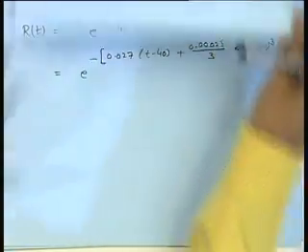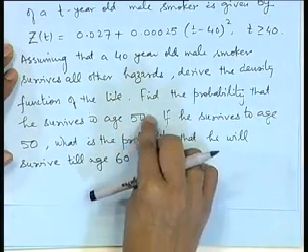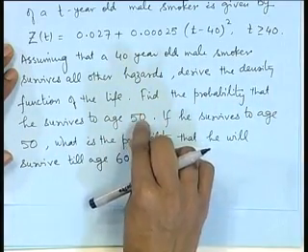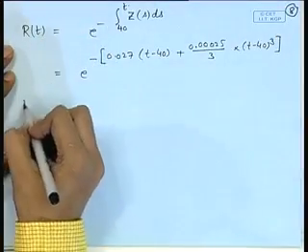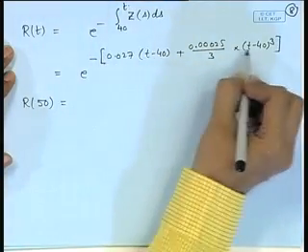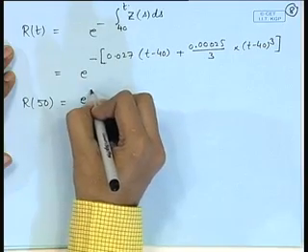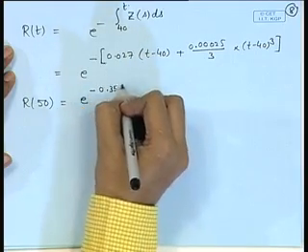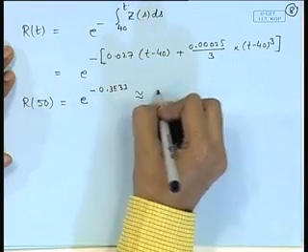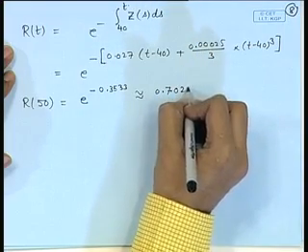So, one question was asked: find the probability that he survives to age 50. That means the reliability at t equal to 50. Once we have the reliability function, we can calculate R(50), which is obtained by substituting t equal to 50 here. After evaluation it turns out to be e to the power minus 0.3533, which is approximately 0.702343.